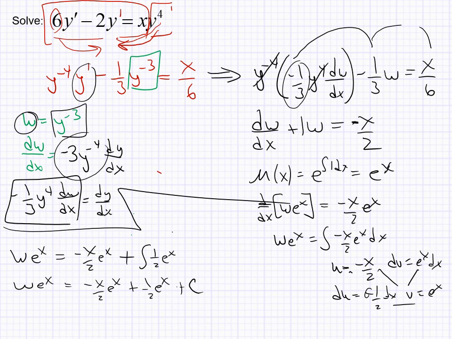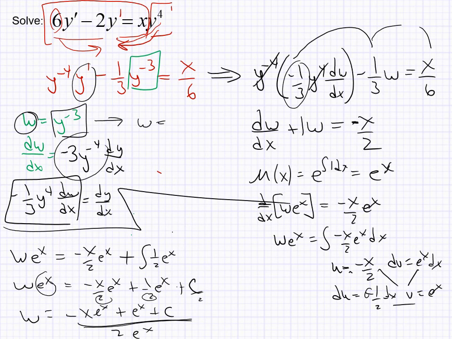Move the e to the x over, and we get w equals negative x e to the x plus e to the x plus c over 2 e to the x. So I divided by e to the x, but since these are also divided by 2, I just put the 2 in the denominator with it. And again, I could say this is c over 2 because it's a constant, it doesn't really matter. So here's w. But now there's my substitution. Remember, w equals 1 over y cubed this time.